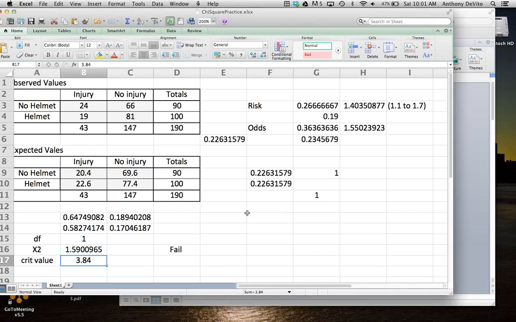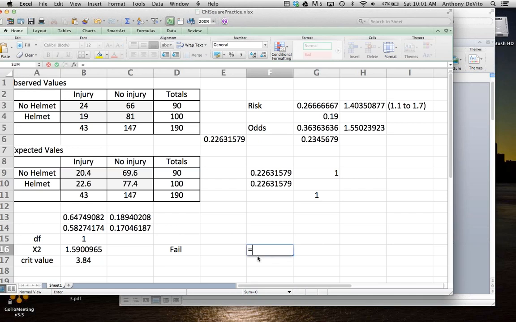Okay, so now, of course, if they ask you for a different critical value for chi-square, you could look it up on the table, and you would have to exceed a different number. If it's instead of a 2x2 table, a 3x6 table, you'd have a different number of degrees of freedom, so you'd have to look up on the chi-square table what the critical value would be for that.